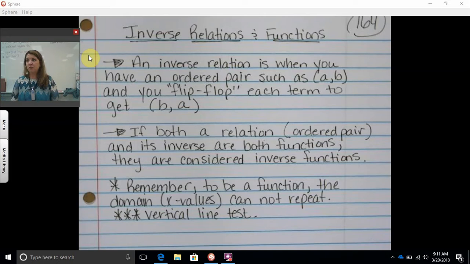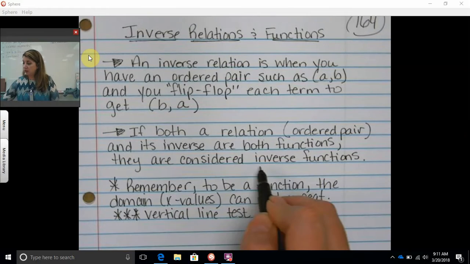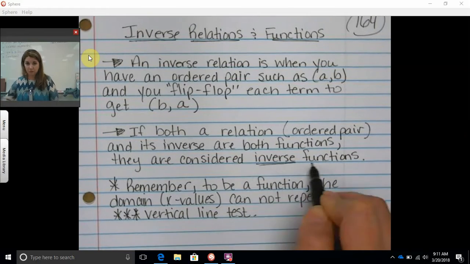Okay, so if the original equation that you start out with is a function and you find its inverse, the inverse is not necessarily a function, but sometimes it is. So if the equation that you're given is a function, and then we find the inverse and it is also a function, then we call those inverse functions.